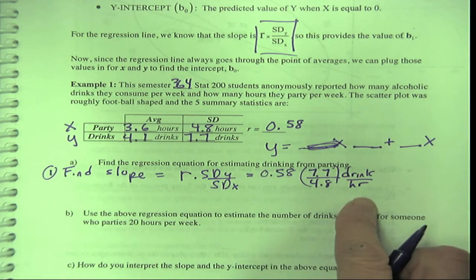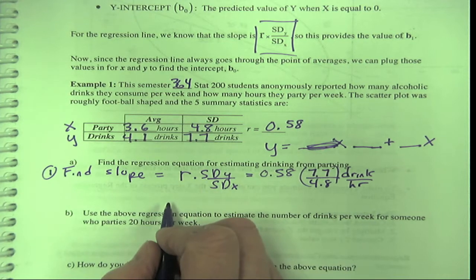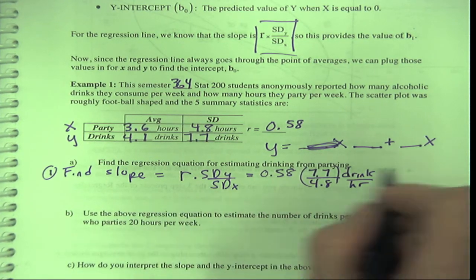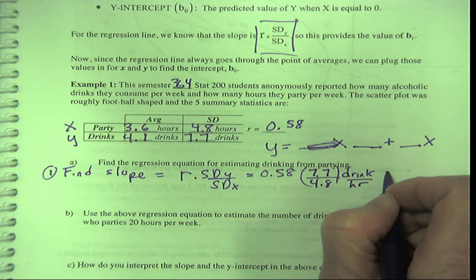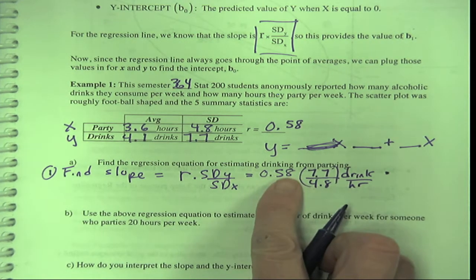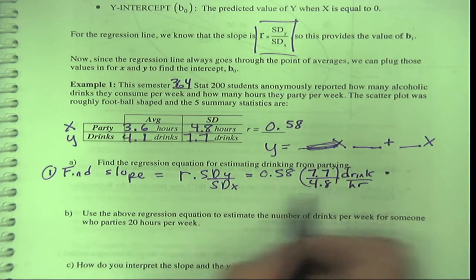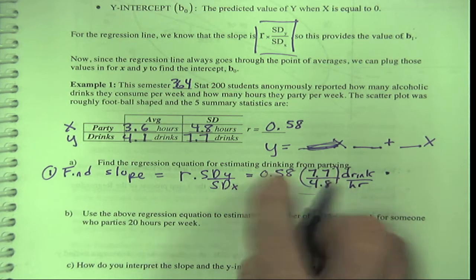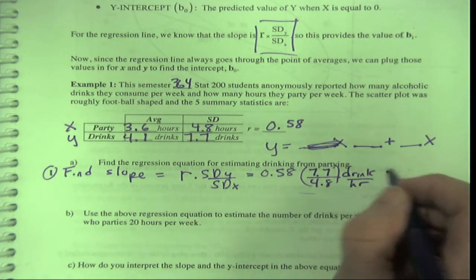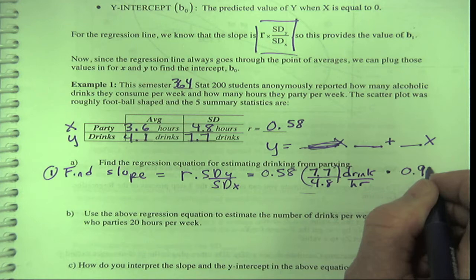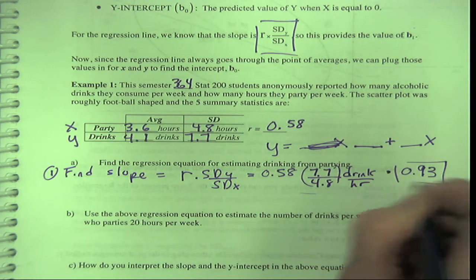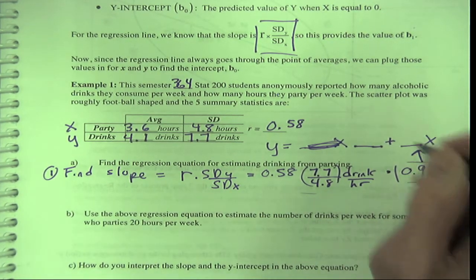Okay? And so how do we get that? We'll just do it. Oh yeah, I didn't do it out yet. So this comes out to be 0.93. That's what we're going to put in there.